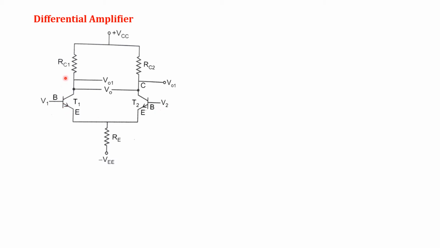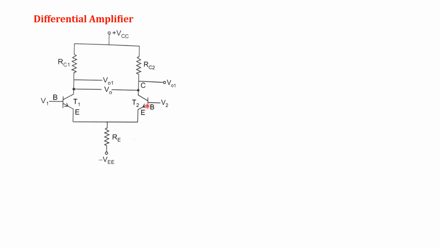RC1 and RC2 are the two collector resistances. The two identical amplifiers are formed by RC1, transistor T1 and resistance RE.